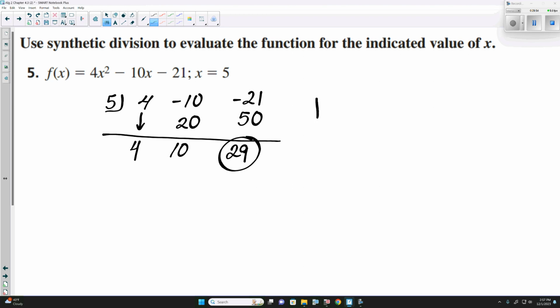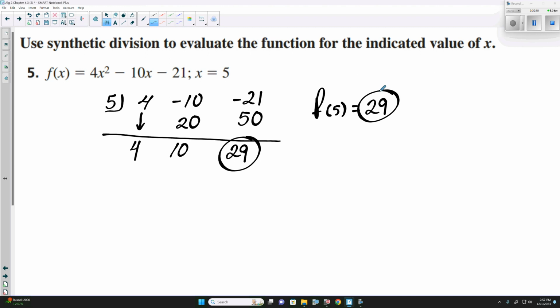So f of 5 is 29. If we wrote it in function notation, we'd say f of 5 is 29. But the answer we're looking for is 29. Questions on this here? Questions on any of this so far?